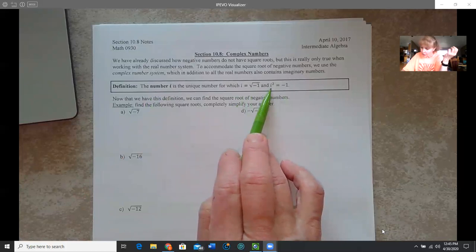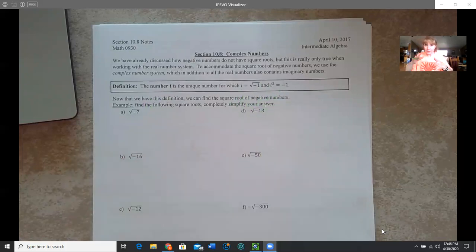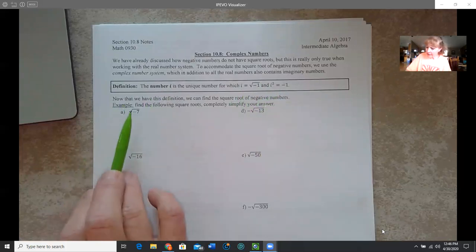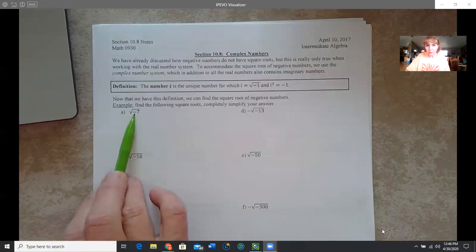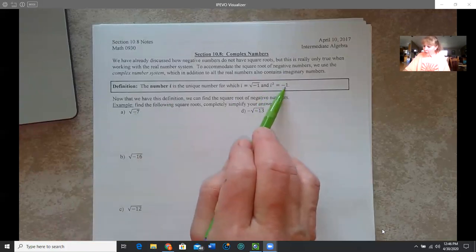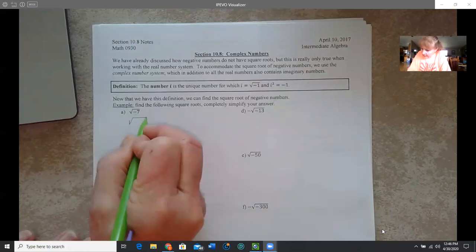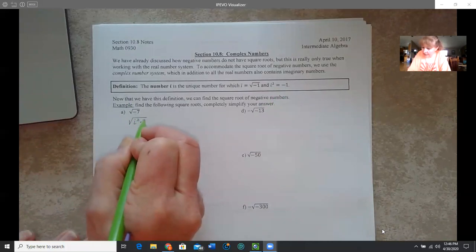Now what that allows us to do, knowing this, and we're going to go through a bunch of examples so it kind of all fits, is it allows us to find the square root of a negative number. Okay, whereas before we weren't able to do that. If you were given this in the last chapter, you would say your answer is not a real number. But now we're going to be able to solve it. A negative 1, okay, an i squared can replace a negative 1. So in other words, this is i squared times 7.